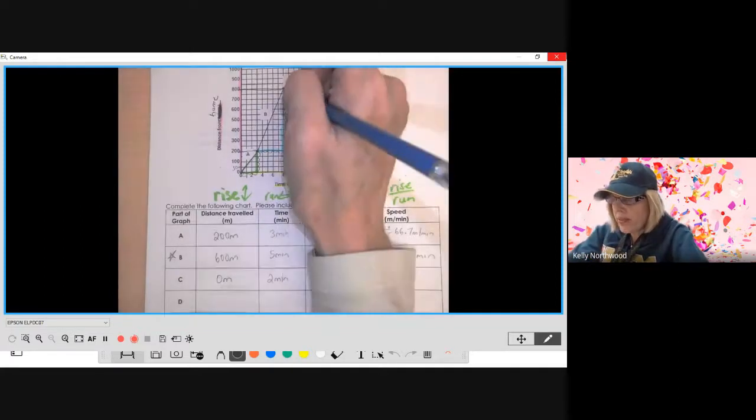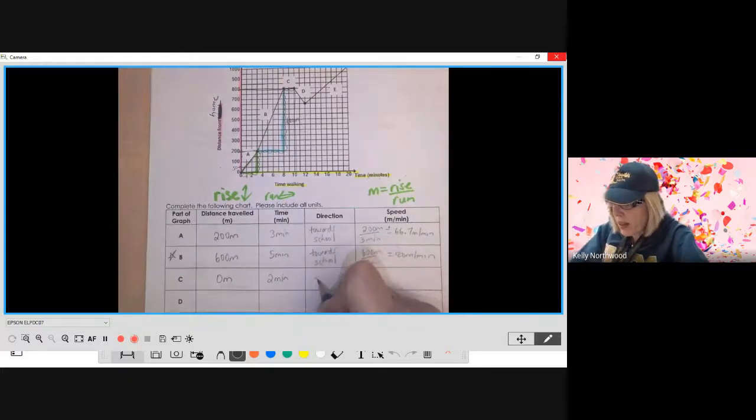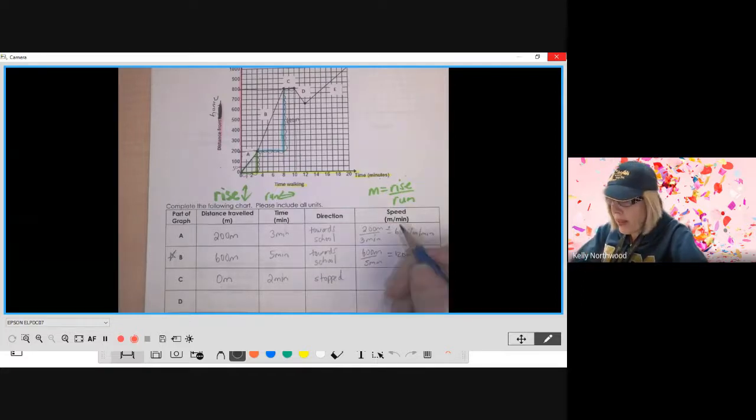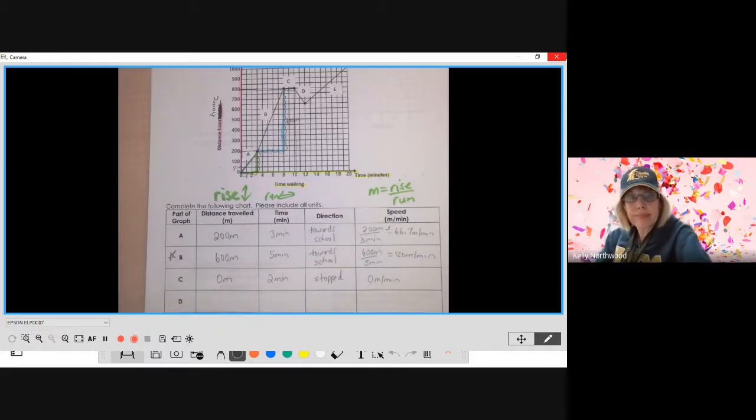And then I know that if it's a flat line segment, it's stopped. So you're not moving towards school or back home. And you know your speed is 0 meters per minute. You don't have to do a calculation.